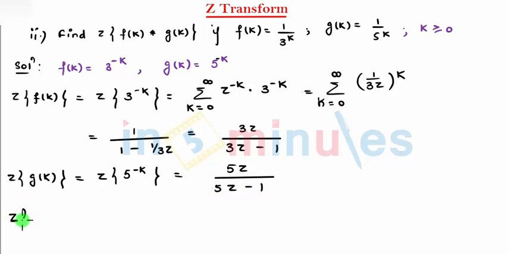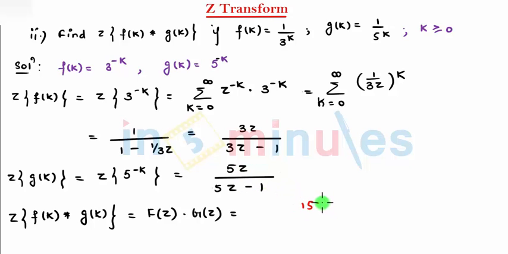We have the convolution property, that is Z of f of k convolve with g of k, which we can write as f of z into g of z. So it is just multiplication of both, that comes to 15z square divided by, first is 3z minus 1, second is 5z minus 1.